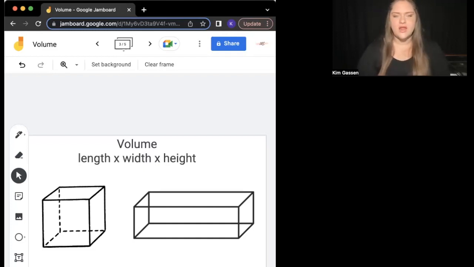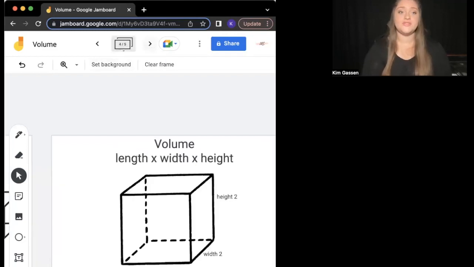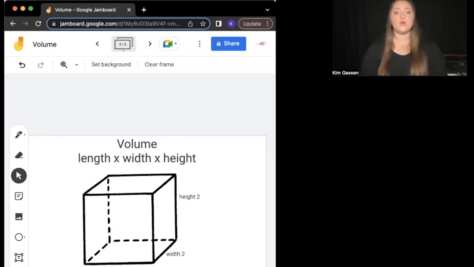And I'm just not going to say cuboid because you don't really need to know that. So I'm just going to say box, okay? So we now know the equation for volume is length times width times height, okay?